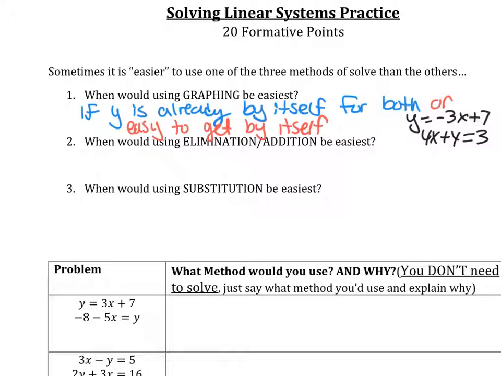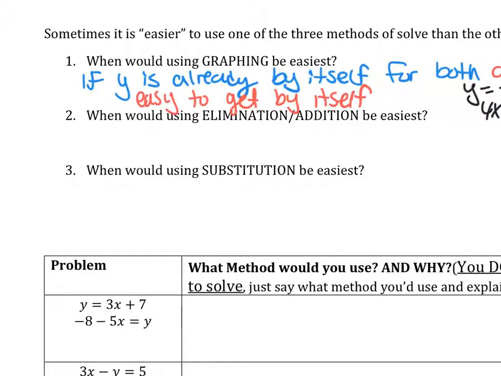Okay. So the second method that we used was the addition or elimination method. Again, two different names for the same thing. That's what we did on Monday. This method would be easiest if all your variables have a coefficient, a number out in front.